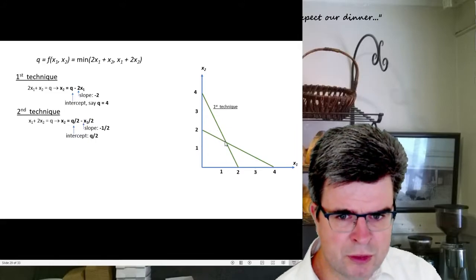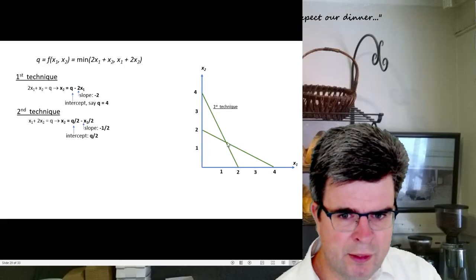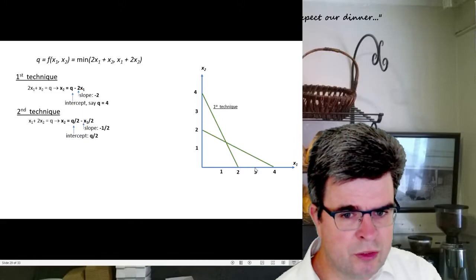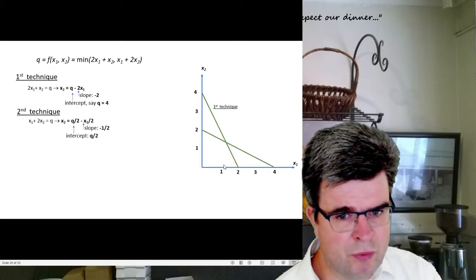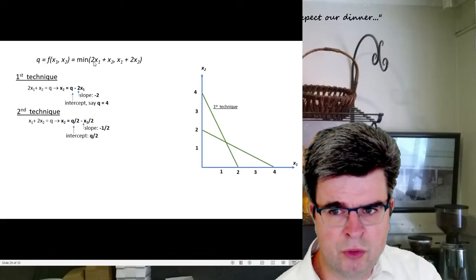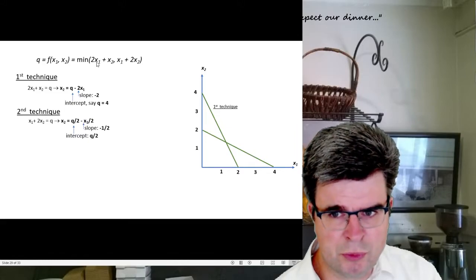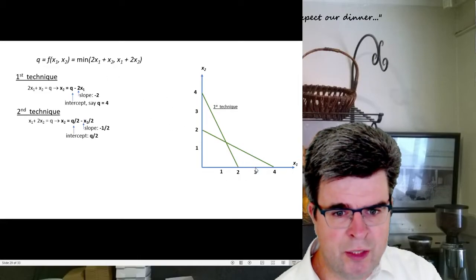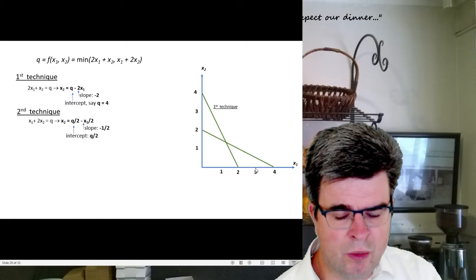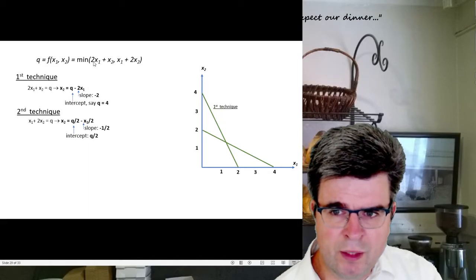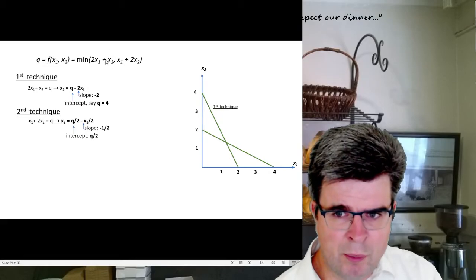So both isoquants need to be satisfied, meaning that, for example, if you would use 3 units of x1 and 0 units of x2, your total production would not be 4, because plugging in 2 times 3 units of x1 gives you 6 plus 0. So having 3 units of capital and 0 units of labor here would give you in sector 1 an output of 6.